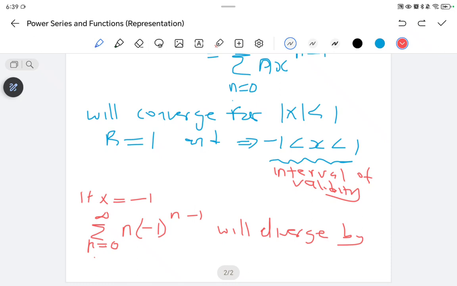So this will diverge. If I find the limit of this, I'd find that the limit is infinite. So I can say by the divergence test. The divergence test says you just take the limit; if it's not 0, then it diverges. So the limit of this is infinite.